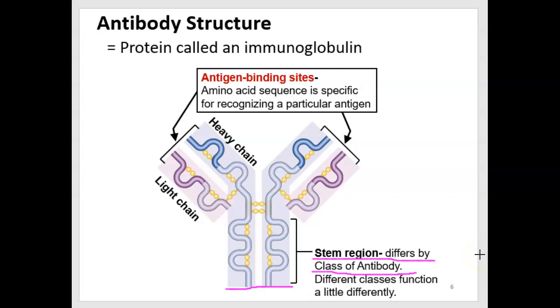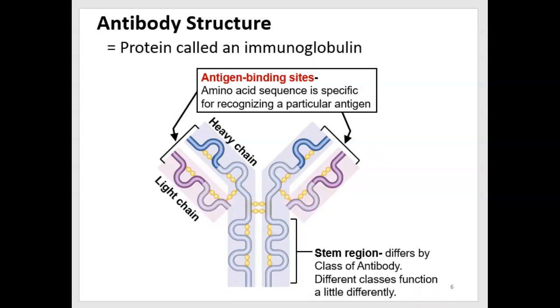There are 5 different classes that we're going to look at, and they function just a little bit differently during our immune response. The antibody shown here is Y-shaped, and it's also referred to as a monomer. This is the basic structure of an antibody.